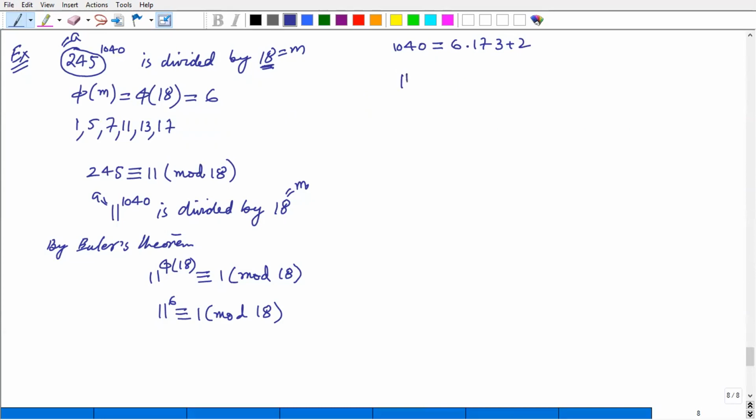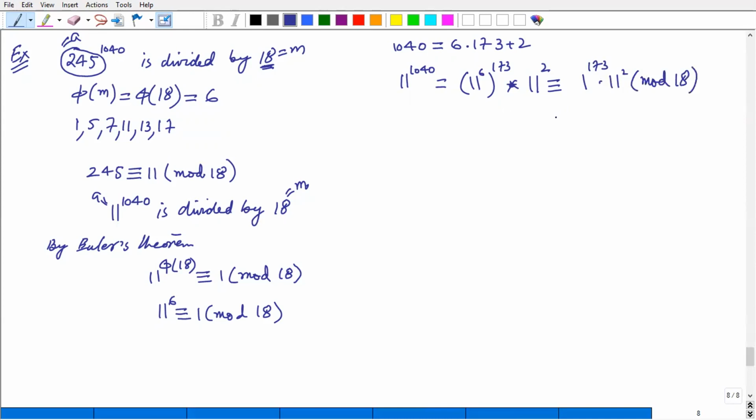So 11 to the power 1040 can be written as 11 to the power 6, to the power 173, times 11 to the power 2. Now we use the congruent sign here because we are putting 11 to the power 6 as 1. So 1 to the power 173 times 11 square modulo 18.